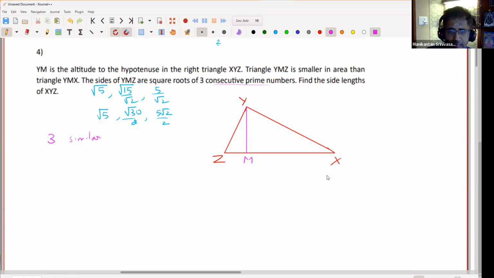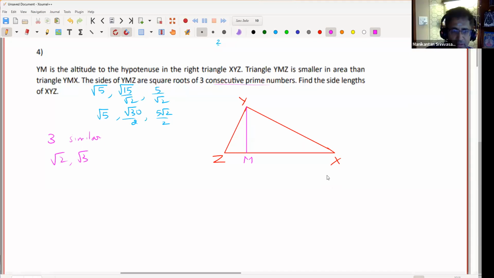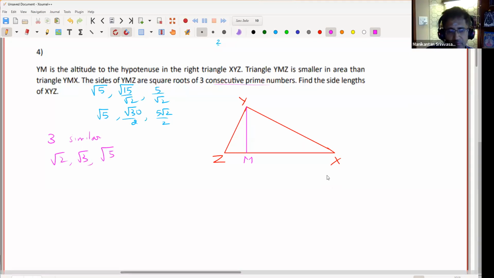The sides of XYZ are square roots of 3 consecutive prime numbers. So why is it root 2, root 3, and root 5? Because the sum of 2 odd numbers will be an even number.